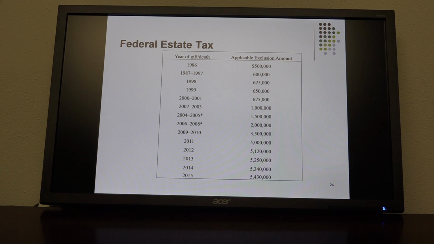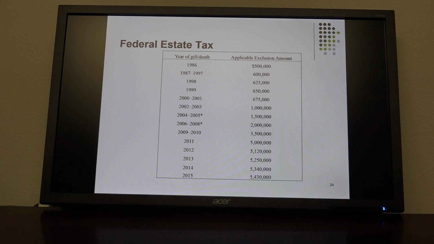Again, if you've got 1,000 or 2,000 acres on your hands, you've got a lot of land, but you may not have a lot of cash to pay the estate tax.